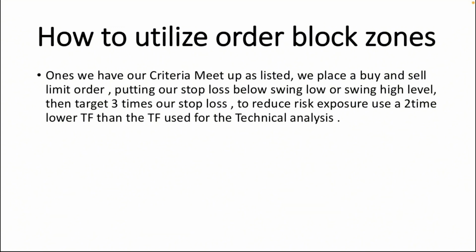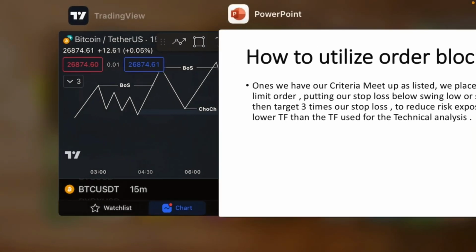So we just put our stop loss below or above any of the swing levels, and we target 2 times our stop loss. This will just help reduce our risk in the market. So this is definitely how to use the order block, and let me just give some clear examples.